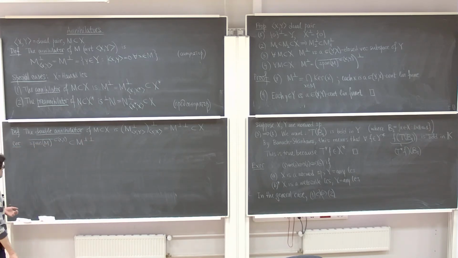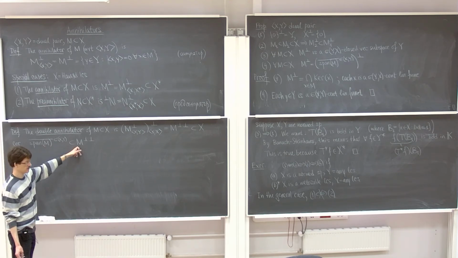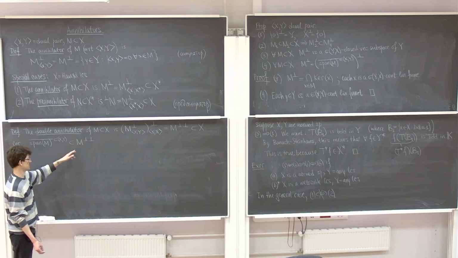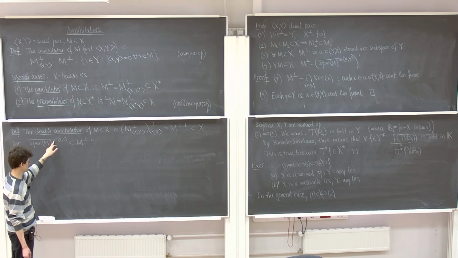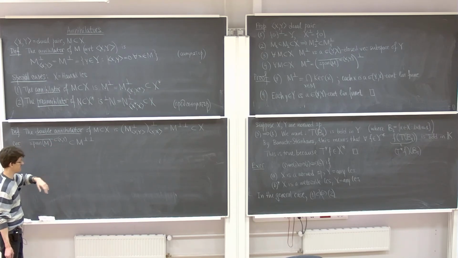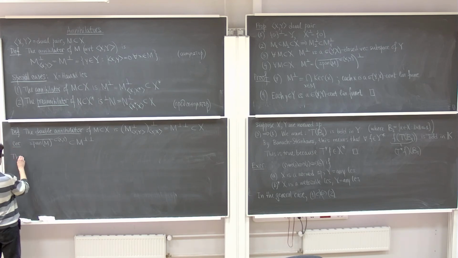Well, indeed, this follows from the previous proposition because M is clearly contained in the double annihilator. But since the right-hand side is a weakly closed linear subspace, we take the closure of the linear span, and we still have the inclusion. I claim that, in fact, these subspaces are the same. So we have the following theorem.